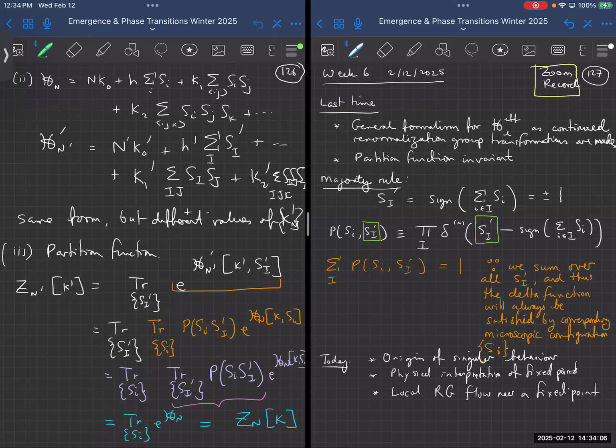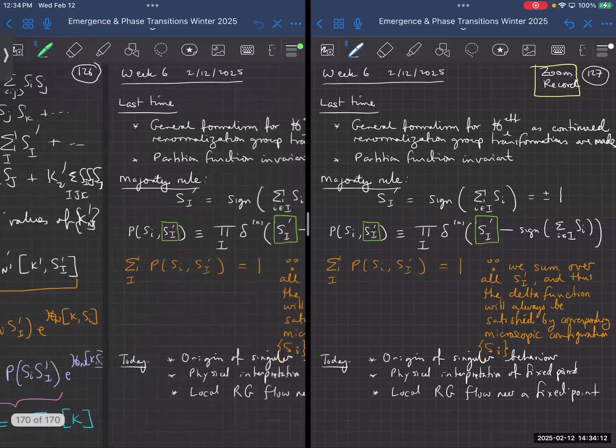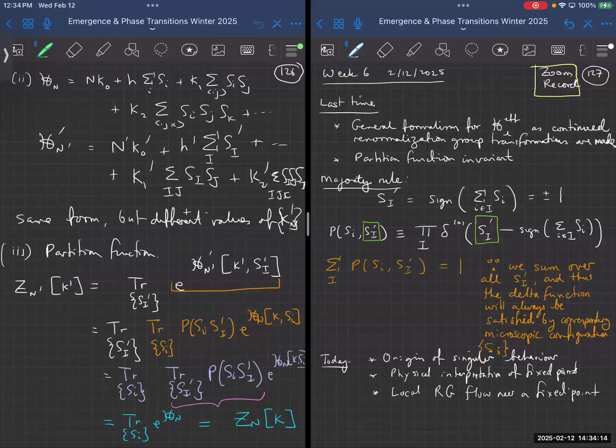All right, so let me get my last notes. Okay, so what we did last time was I introduced the renormalization group as a way of looking in a systematic way how the Hamiltonian of a system transforms as you coarse grain it.